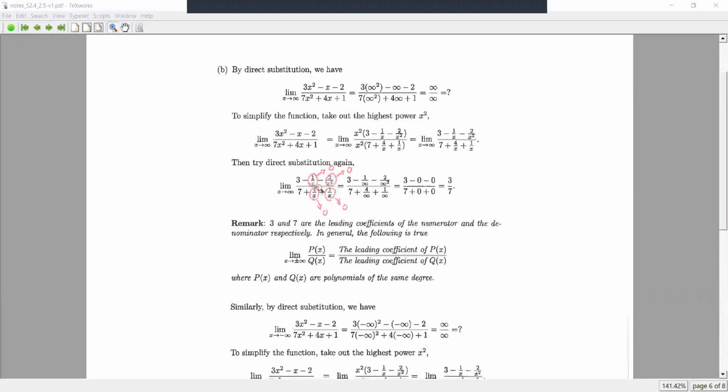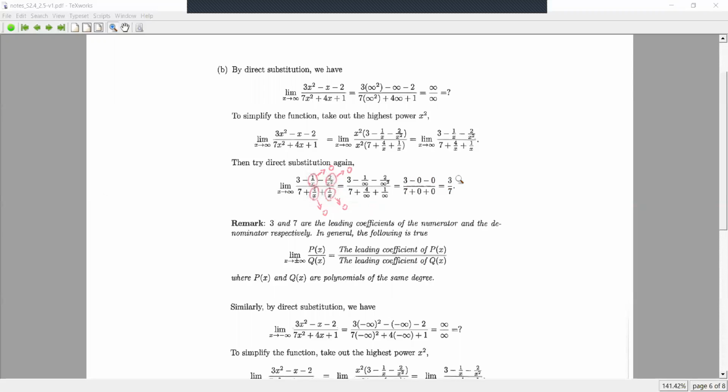Similarly, 4 over x squared approaches 0. And 1 over x squared approaches 0. Here there is a typo. 1 over x should be 1 over x squared. So as x approaches infinity, this function approaches this number.